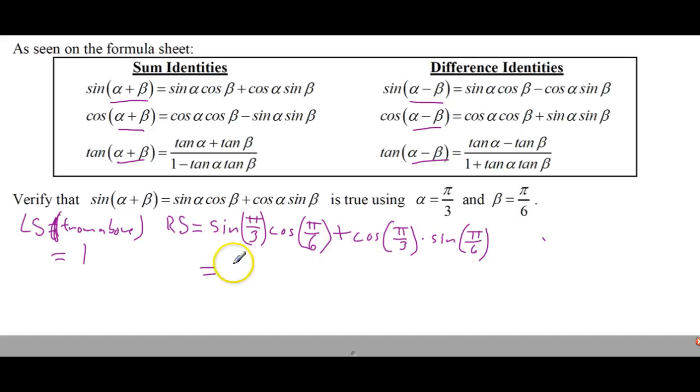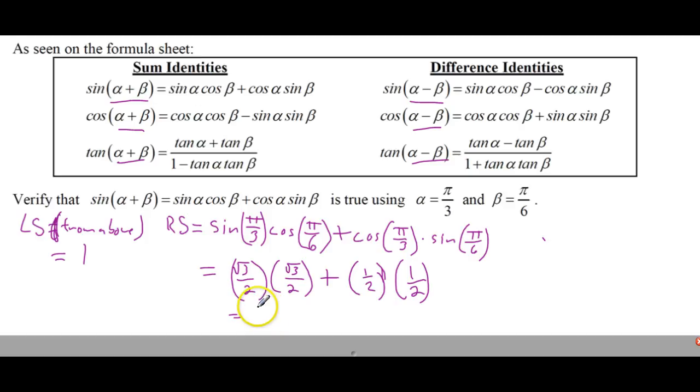So sine pi over 3, that's root 3 over 2. Let's enclose that in brackets. The cos of pi over 6 is also root 3 over 2. The cos of pi over 3 is 1/2. And the sine of pi over 6 is 1/2.